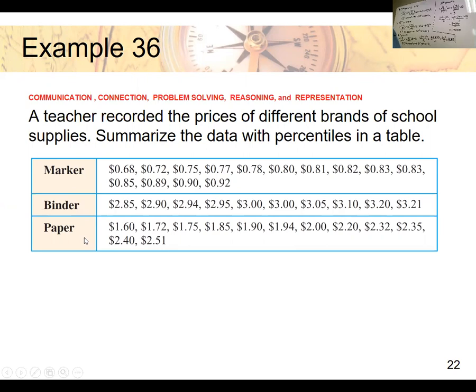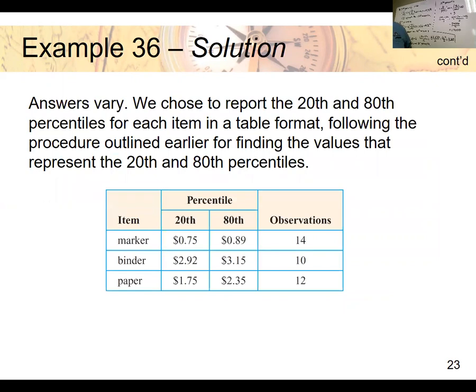Now, the answers are going to vary when you do this. I don't think this is going to be in the homework, but here they chose to report the 20th and the 80th percentile for each item in the table format.